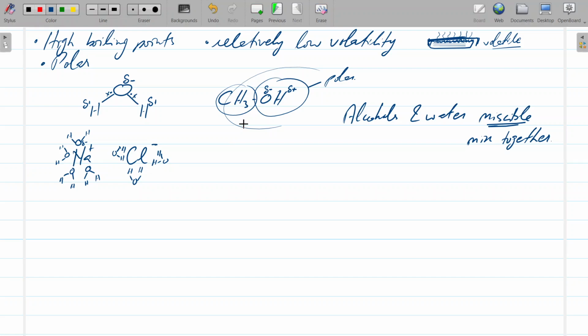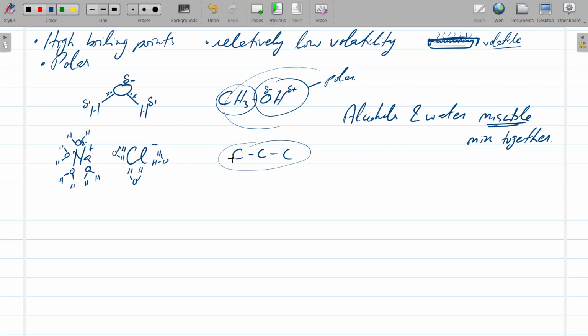So an alcohol can mix with water, because in this case it's a short chain, but if you got something like butanol or propanol or pentanol, it can not only interact with water, it can also dissolve, for example, an organic compound such as propane, which doesn't have any charge on it, right?